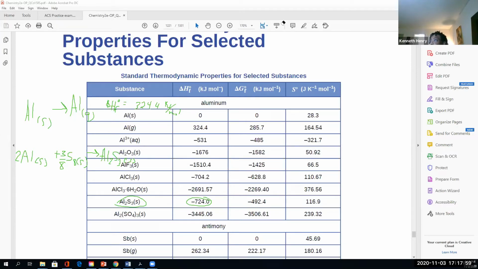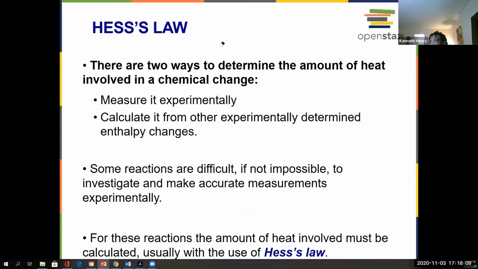Okay. Sometimes we'll run into reactions that are going to be difficult to understand or to measure.